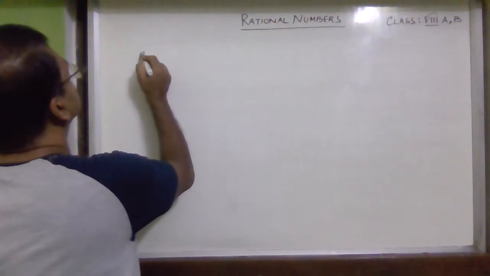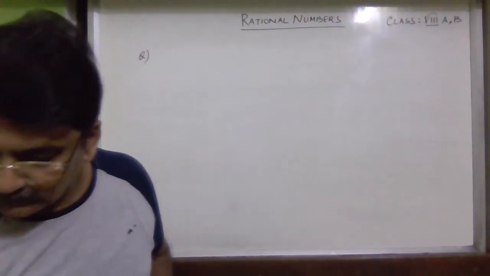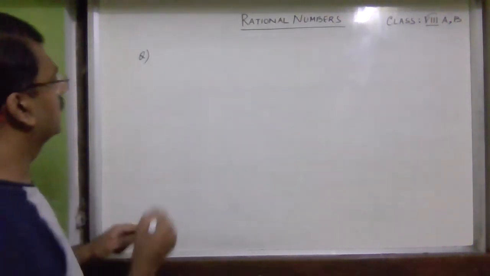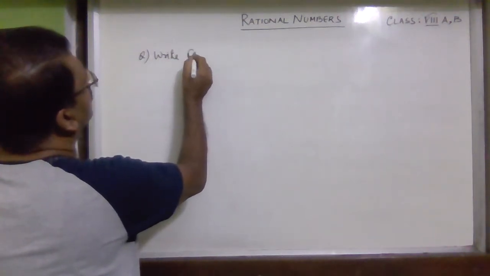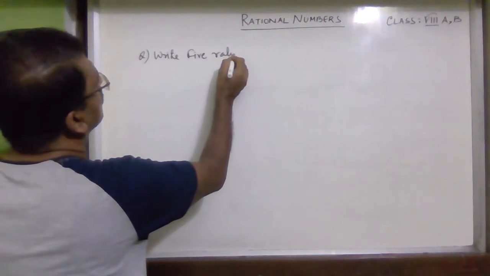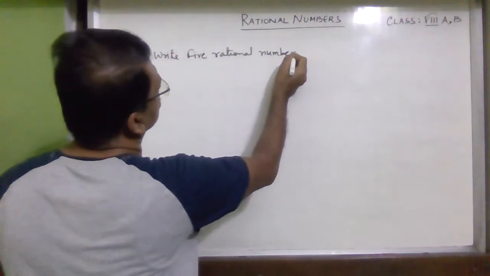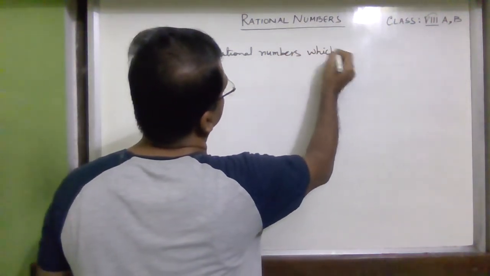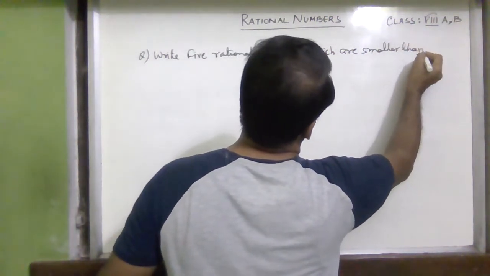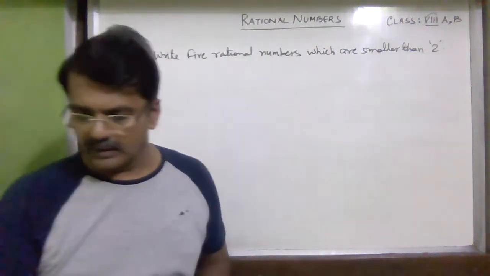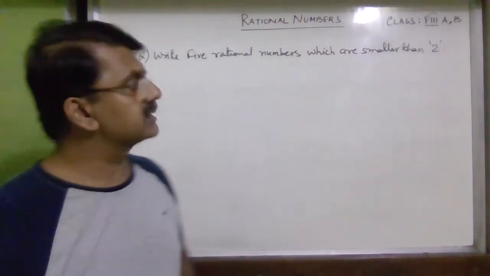Now the next question. Write 5 rational numbers which are smaller than 2.